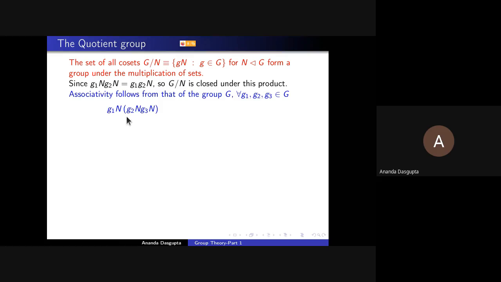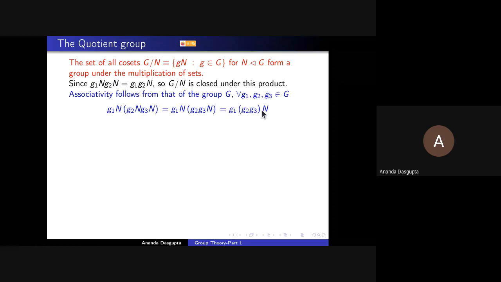Remember, this is what associativity will have to be like. You have to check whether you can change the bracket from here and put it here. That is, you multiply the cosets G2N, G3N first and then multiply it from the left by G1N. It's the same as multiplying G1N, G2N and then multiplying it from the right by G3N. Well, just use the rule that G2N, G3N is G2, G3N. And then use the rule again.